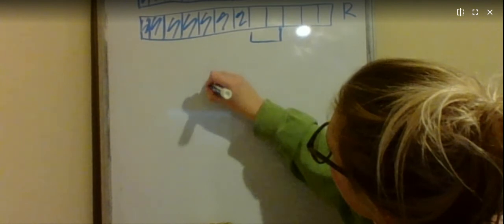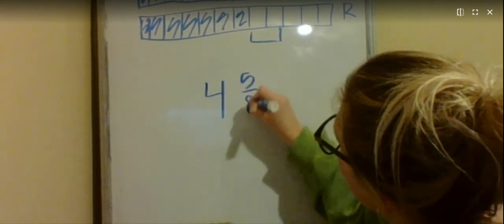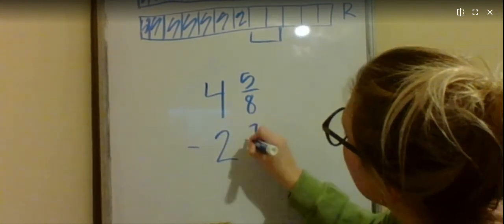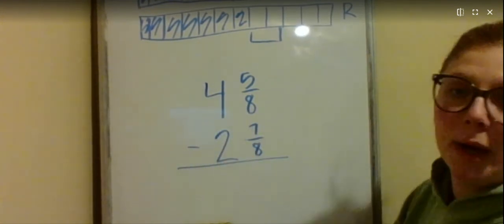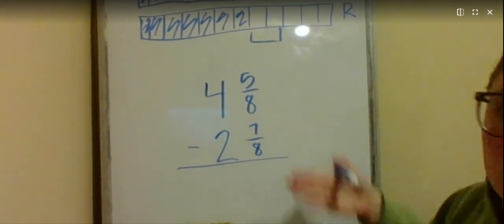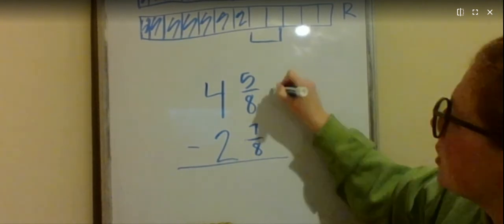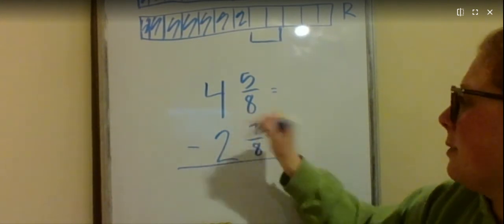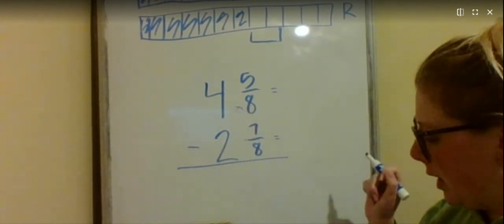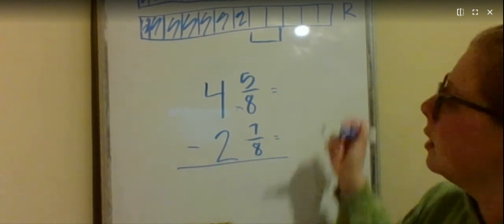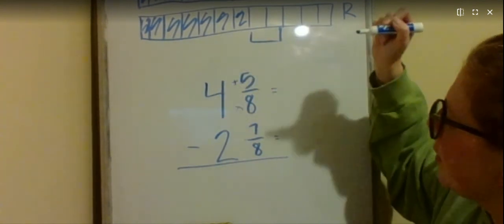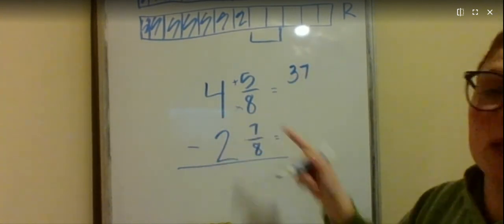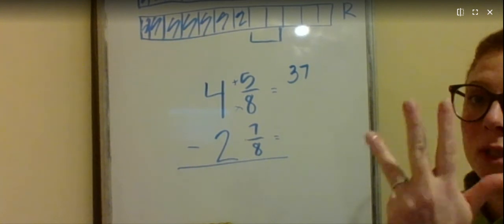4 5/8 minus 2 7/8. So 5/8 minus 7/8 I cannot do. I'm going to change them both to fractions greater than 1. So 8 times 4, which is 32, plus 5, 37, right? 4 times 8 is 32, 33, 34, 35, 36, 37.